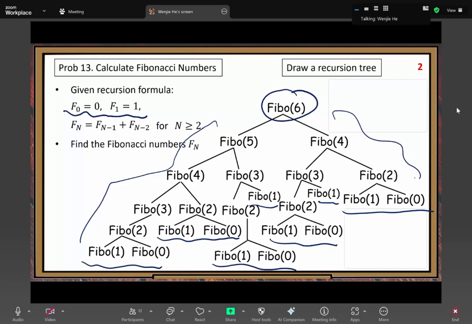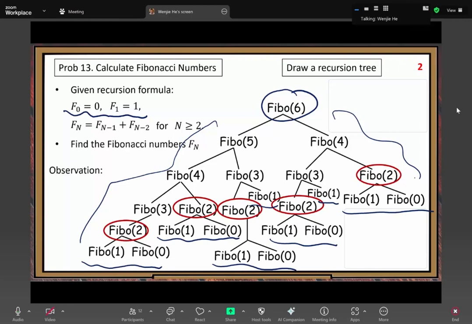And you can also see you have a lot of redundant data, because some numbers are repeated many, many times. Those repeated numbers show a lot of redundancy. Here you can see, for Fibo of 2, how many times do we repeat Fibo of 2?